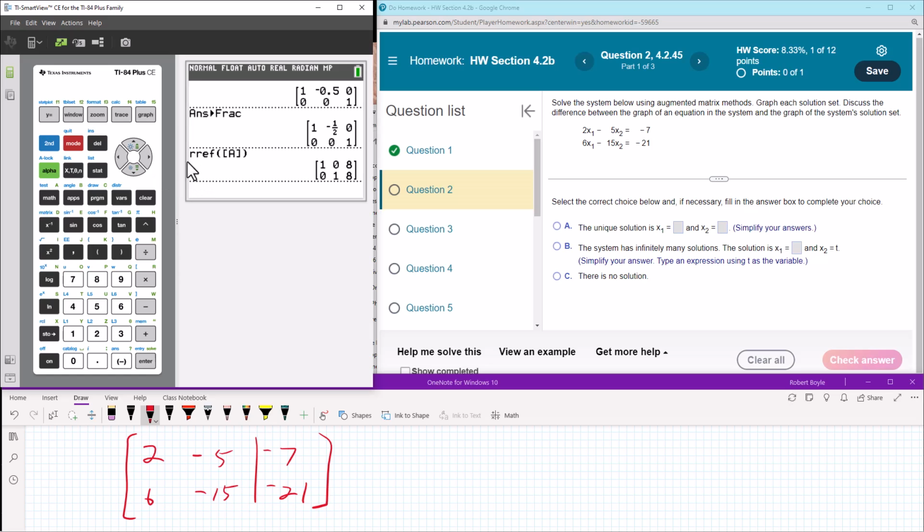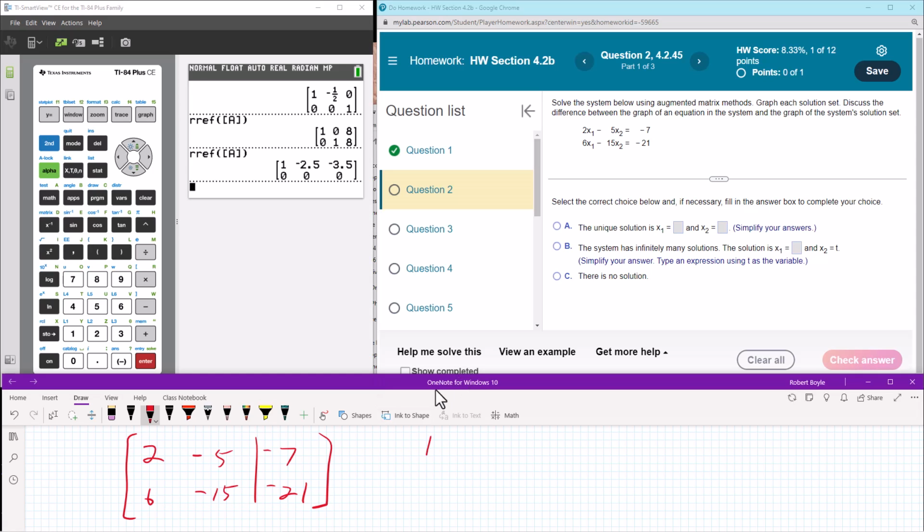Now we could go back and do the matrix stuff, but all we're going to do is basically repeat this command for the exact same matrix. So I'm just going to highlight that in my history, hit enter. That is my answer. Now notice that my reduced matrix is 1, negative 2.5, negative 3.5, 0, 0, 0.